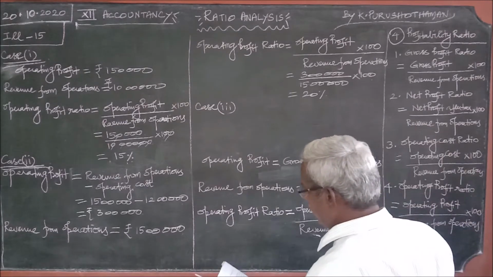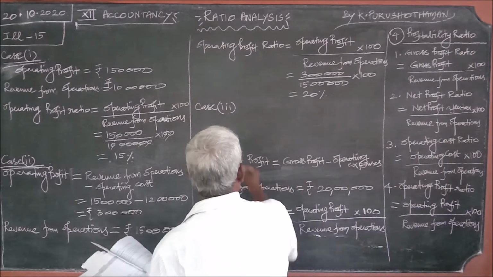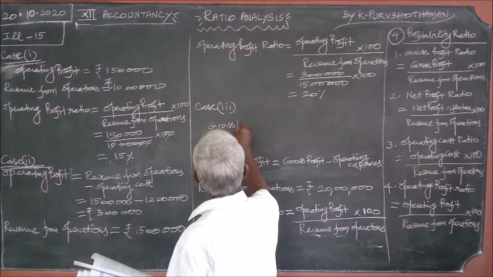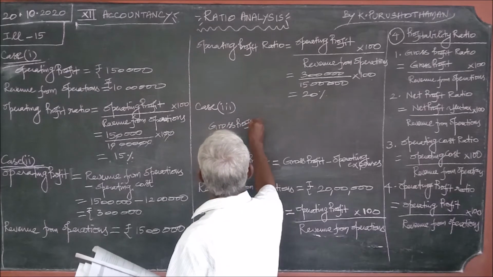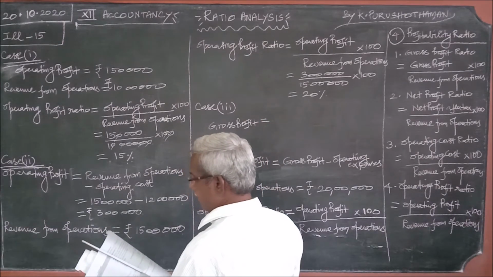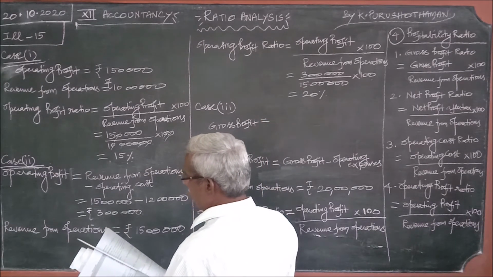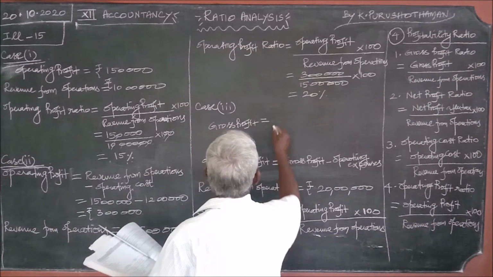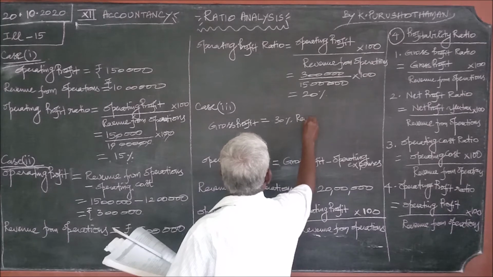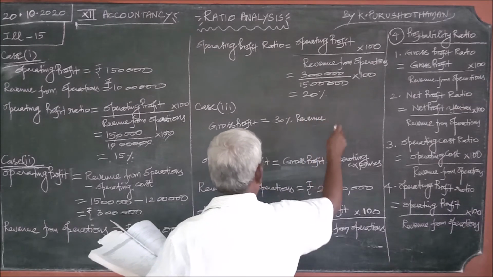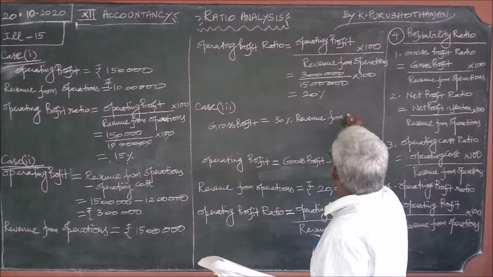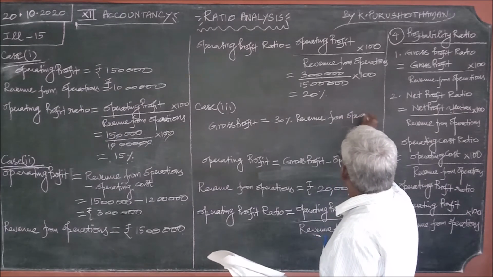Gross profit is given, we should calculate. What is gross profit? Gross profit is equal to 30% of revenue from operations.